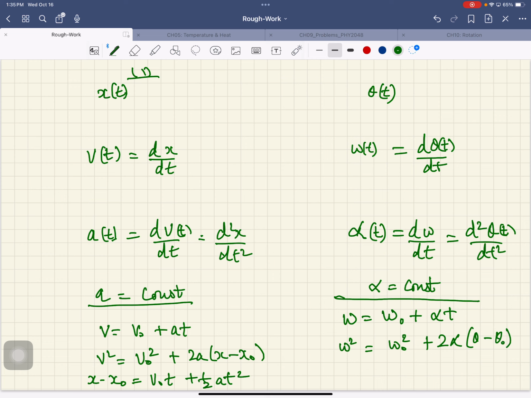This is the angular displacement. And theta minus theta naught, the angular displacement, will be omega naught t plus 1/2 alpha t squared.